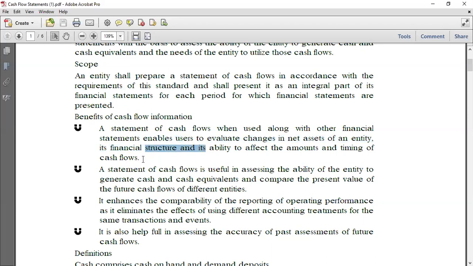Because in purchasing these assets, we basically use cash. So we're able to reflect on how everything has changed within the period of one year, and also get a picture of how that affects the amount and timings of cash flows.